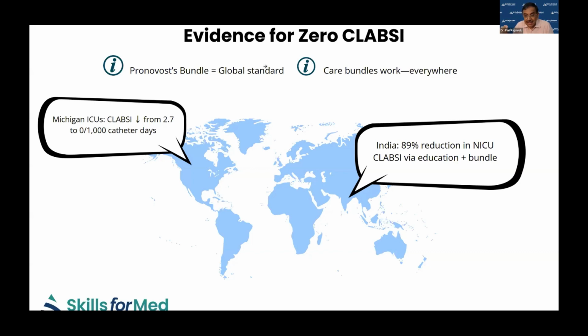He did this bundle care in his hospital and reduced the CLABSI from 2.7 to 0. I mean, 0.7 was the exact figure, but it was a remarkable achievement in having 0 CLABSI per 1,000 catheter days.